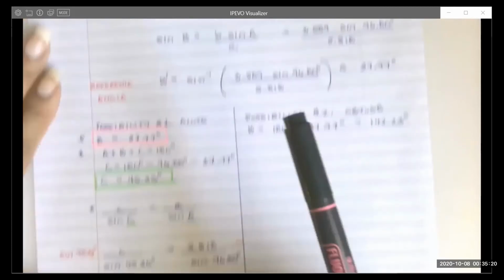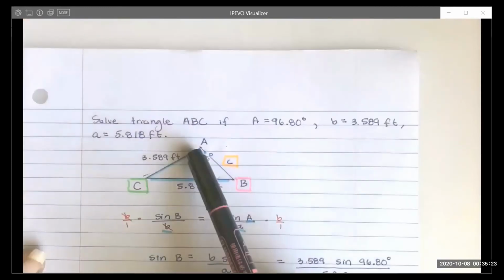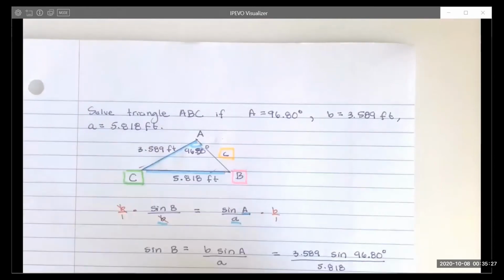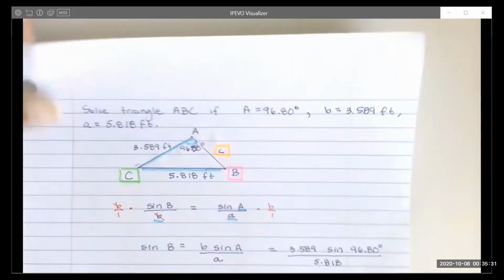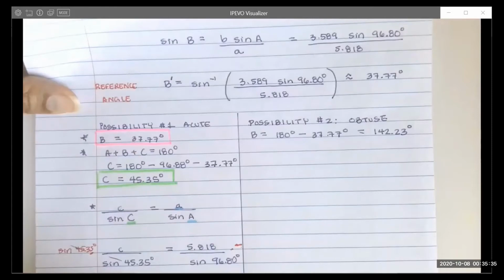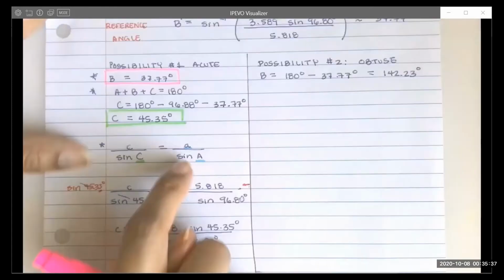But I am choosing to stay with only using the given. So I'm trying to avoid as much as I possibly can of my own work, even though sometimes it's impossible in these circumstances. Like to calculate C, I still need to use B. But I am trying to stick to only the given.